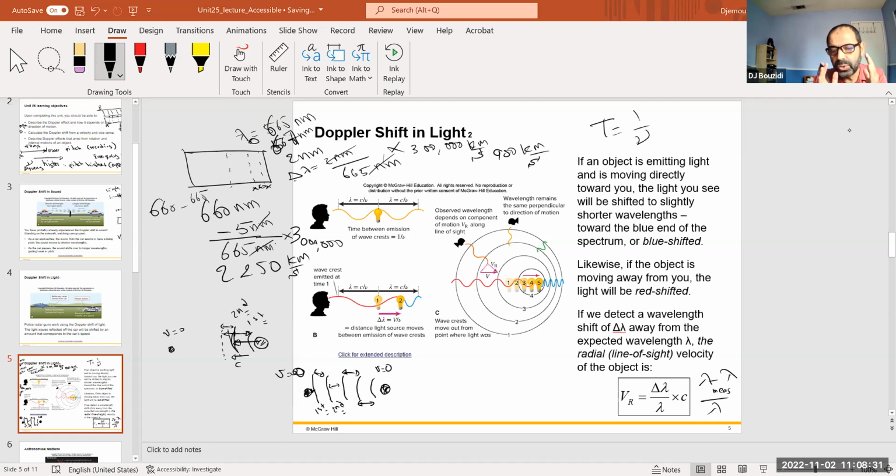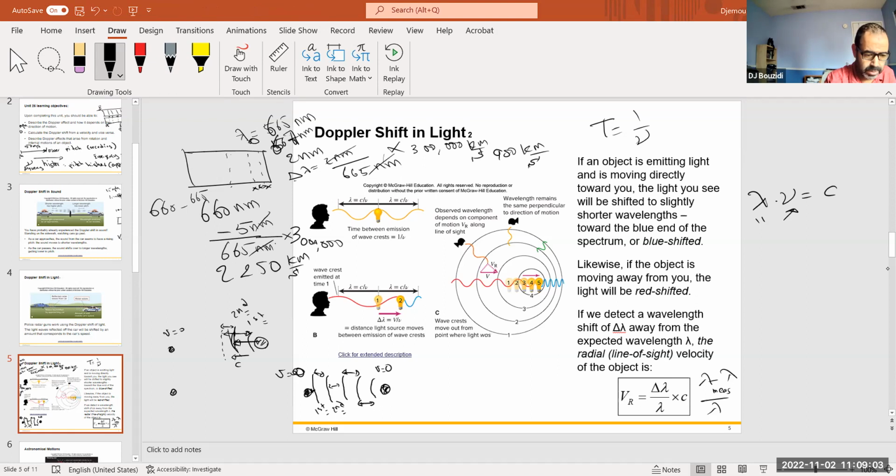So the wavelength in actuality has shrunk because the source is moving towards me. So the wavelength appears less. And if it's less, that means the frequency is higher. Remember, the frequency and the wavelength are related to one another through this relationship. So since the wavelength is shorter, the frequency must be getting higher. So that's when it's approaching me. When it's moving away from me, it's a different story.